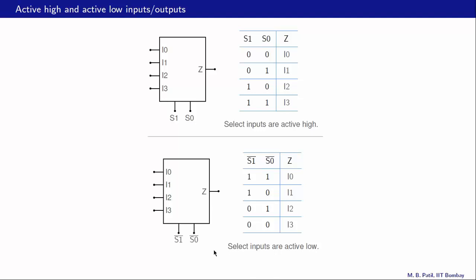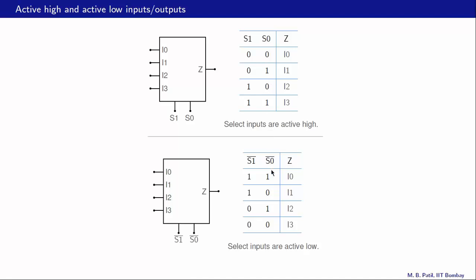Let us consider this second example, in which the select inputs are active low and they are denoted by S1 bar and S0 bar rather than S1 and S0 here. Now if S0 bar is 0 or low, then it is considered to be active. So for example, if S0 bar is 0 here, that corresponds to S0 equal to 1 in this table, and similarly for S1 bar.